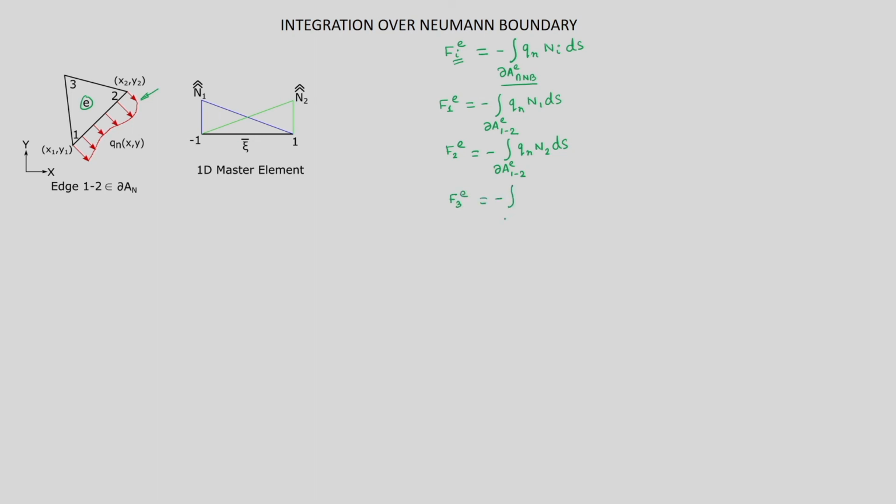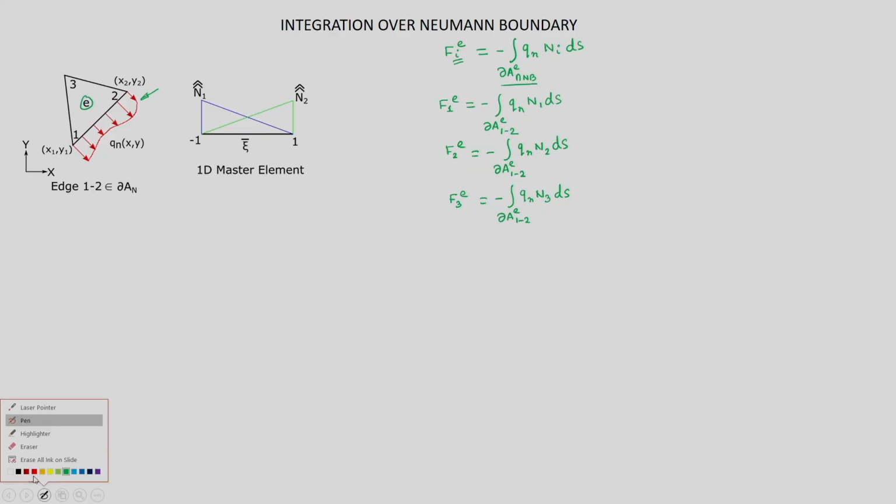Similarly, the third is minus the integral along 1 2 of Qn times N3 ds. Now, if you look at the shape functions of the physical element, N3 is 1 at node 3, but 0 along 1 2.